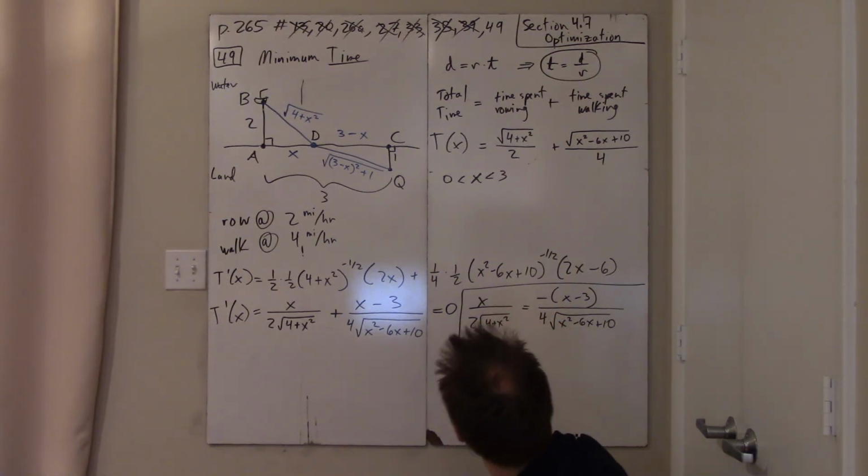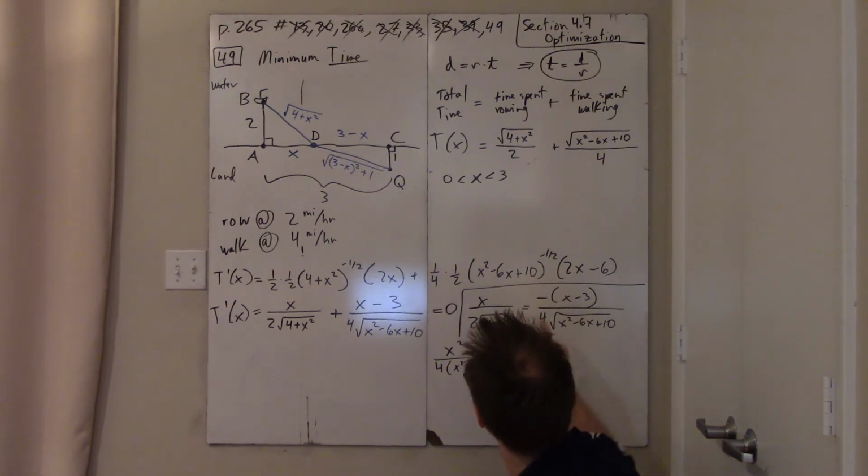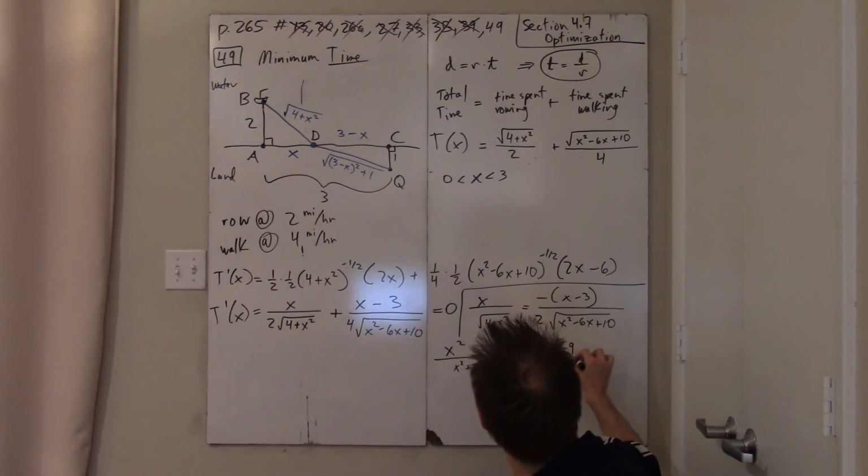So if I square both sides now, I get x squared over 4 times x squared plus 4 equals, the negative will die, whew, and maybe I'll just cancel the 2 right now. So that will be 2, and that will be 1, and yeah. And then this will be x squared minus 6x plus 9 over 4 times x squared minus 6x plus 10.